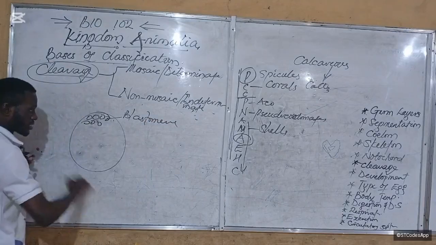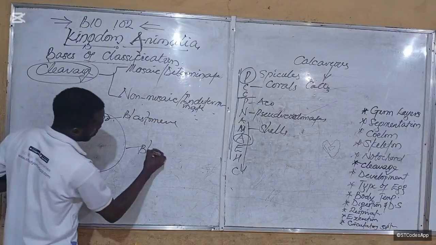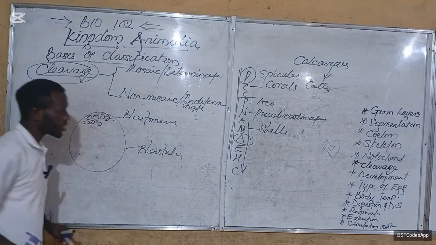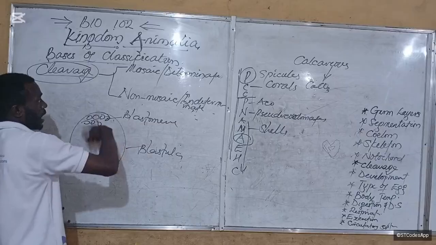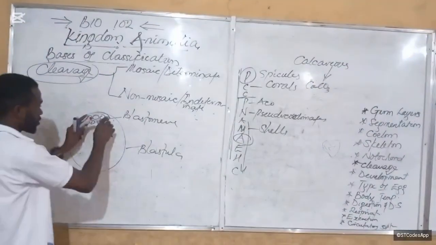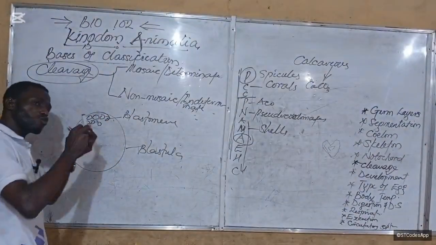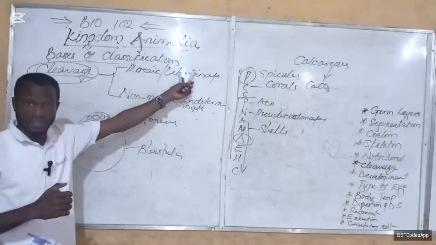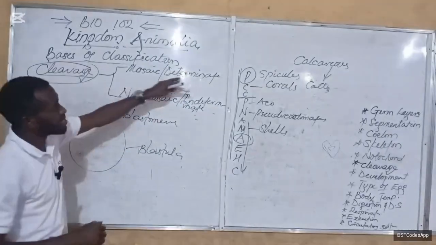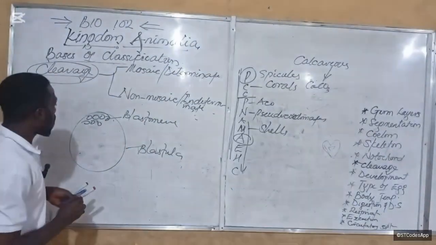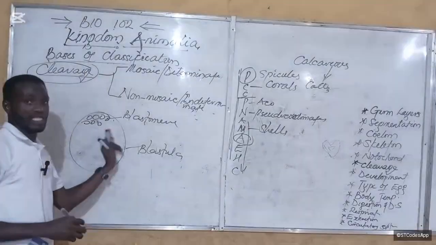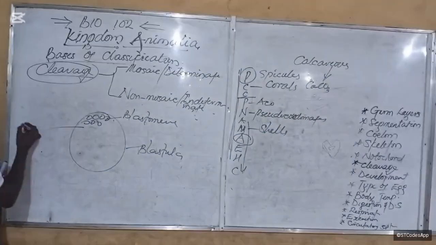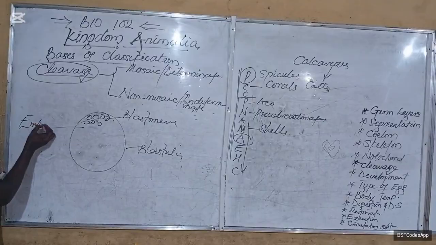Now this spherical structure is what we call the blastula, is that clear? For mosaic or determinate cleavage, once these cells do not separate, then an embryo can emerge from here.